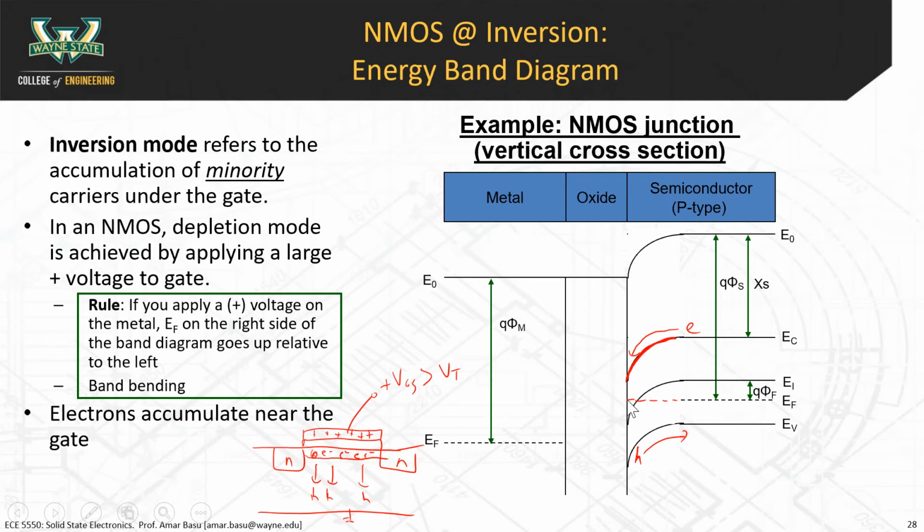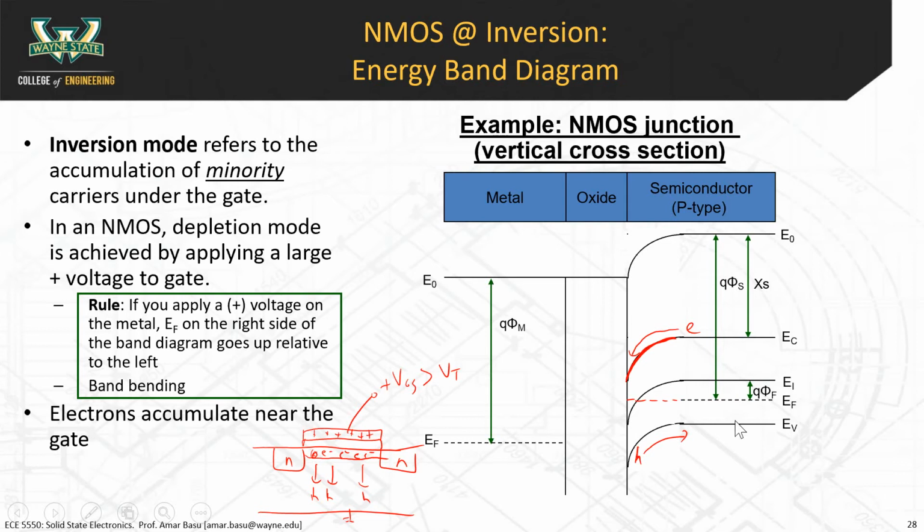So EF is here, and EI has crossed over it. What does that mean? If EF is above EI, we know this from chapter 3, that means you have an n-type material. If EF is below EI, you have a p-type material.